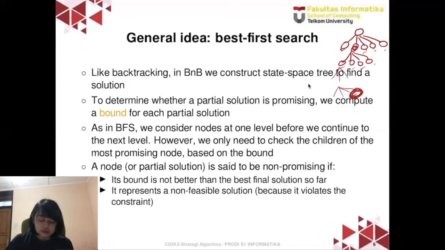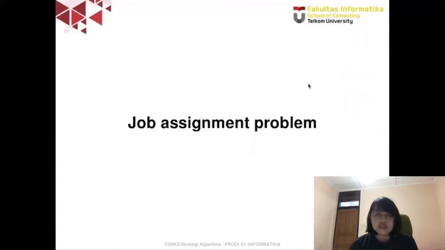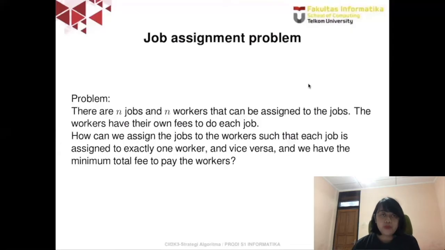A node is also said to be non-promising if it represents a non-feasible solution because it violates the constraint. So for example, let us consider the job assignment problem. You should be familiar with the problem already.